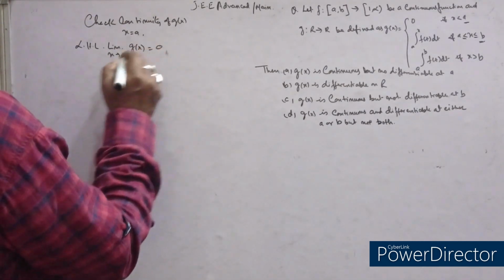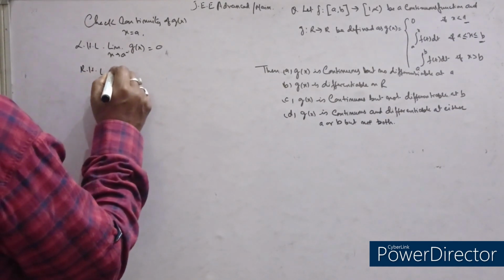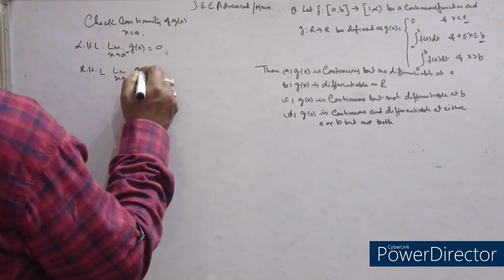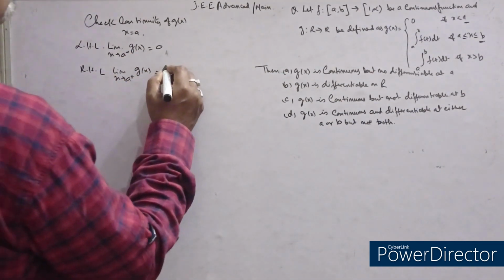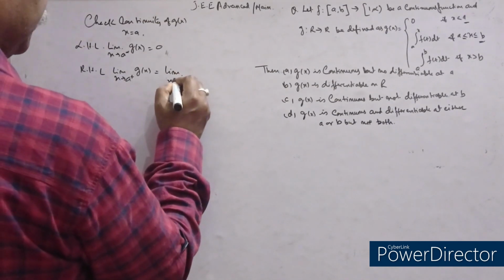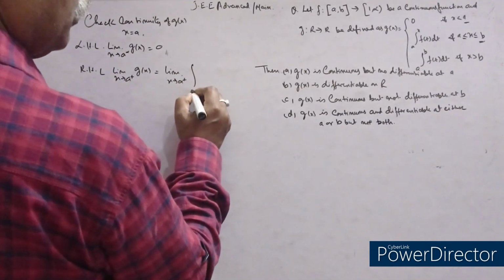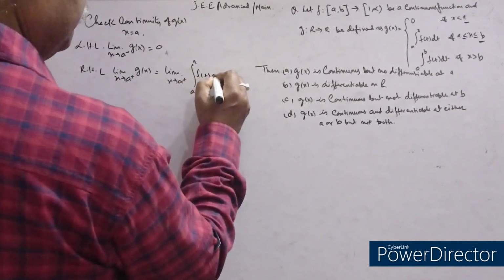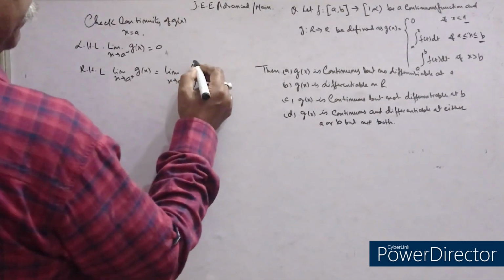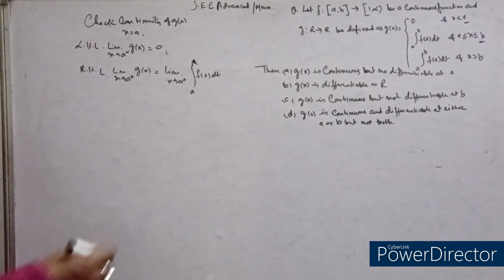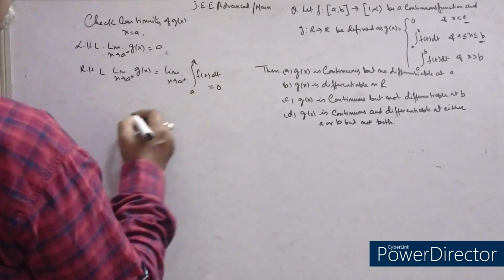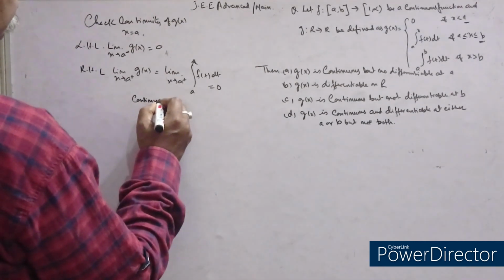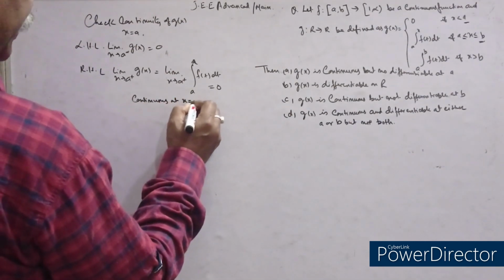And your right hand limit, the limit as x tends to a plus of g(x), will be the integral from a to x of f(t) dt. Because the upper limit and lower limit are the same, your result will be 0. So it is continuous at x equal to a.